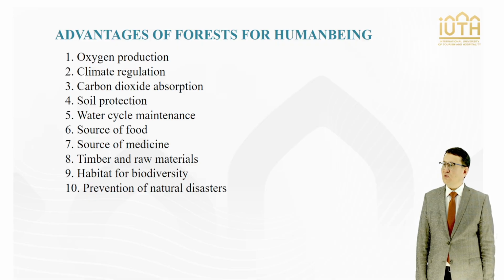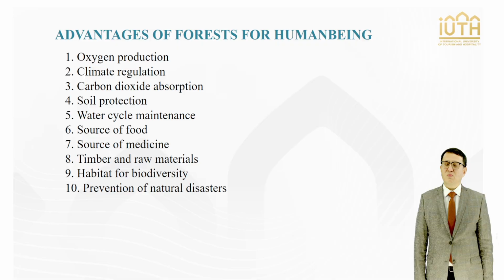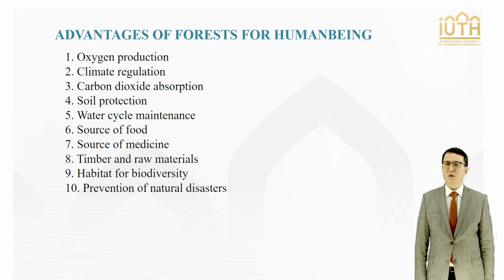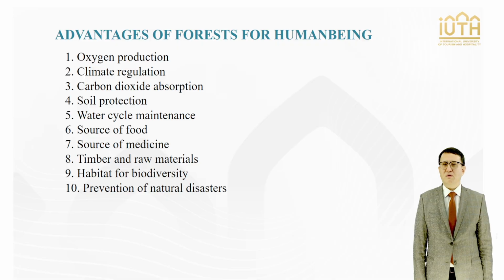The next one, source of food. So we get fruits from trees. Nuts, mushrooms, and game come from forests. Number seven, source of medicine. Many modern drugs are derived from forest plants. Number eight, timber and raw materials: wood, paper, and wool are obtained.